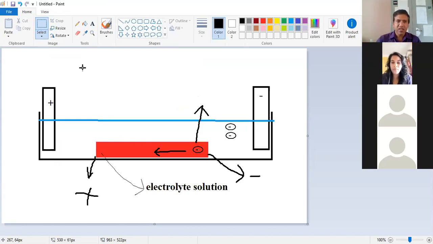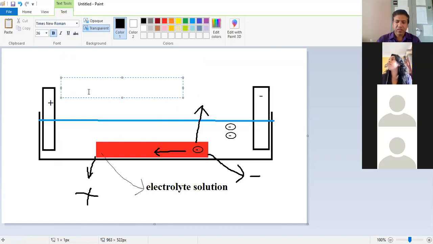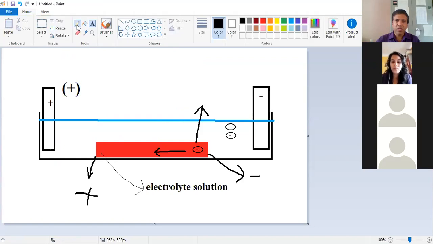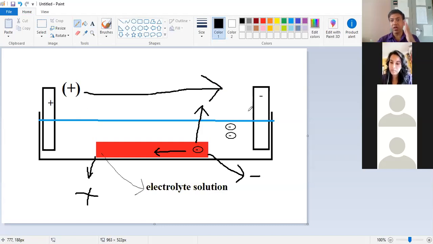So these cations will move from anode to cathode, while your DNA is moving from cathode to anode.